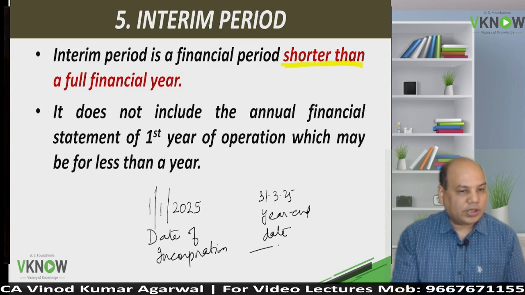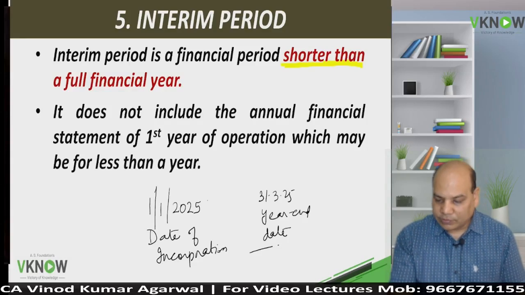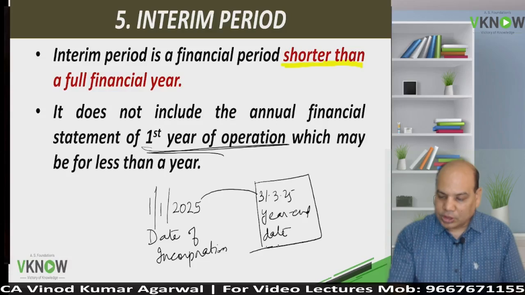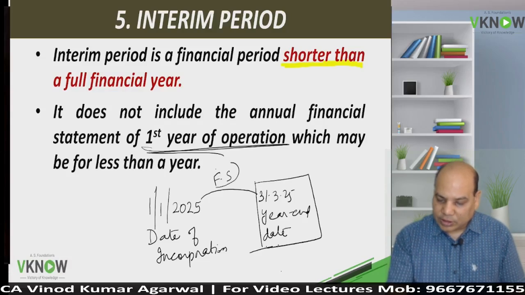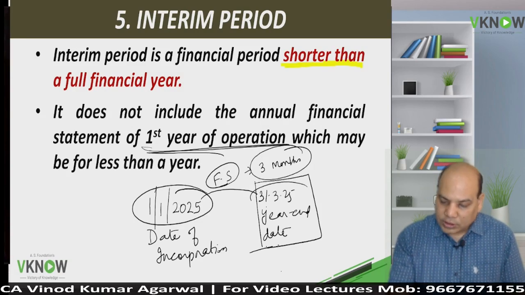Now the question is, in the first year of its operation, it will prepare a financial statement which will be covering only 3 months, from 1st January to 31st March.